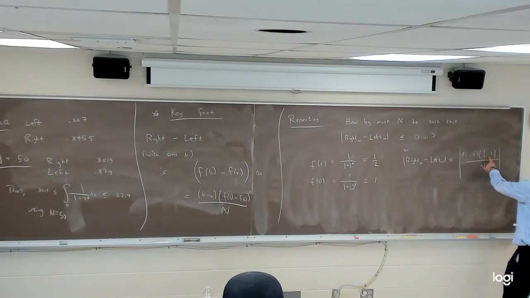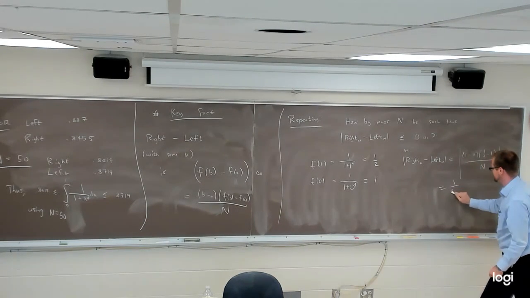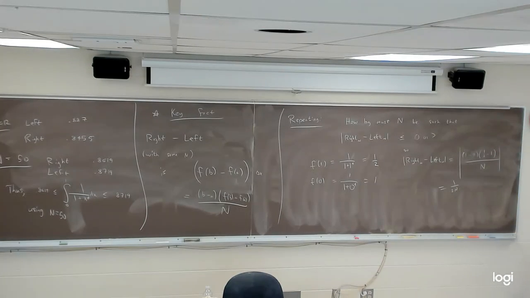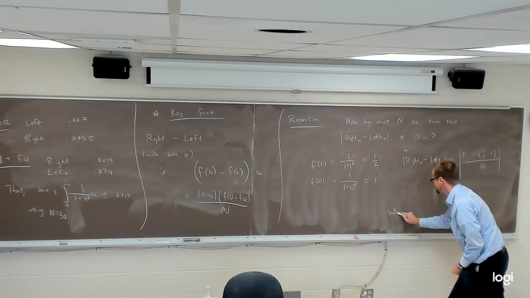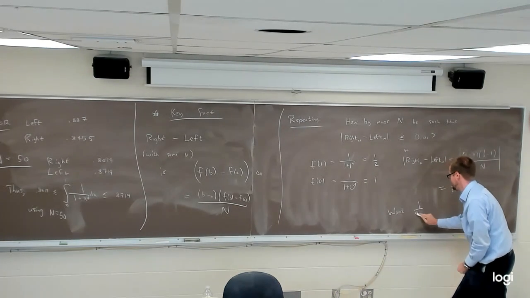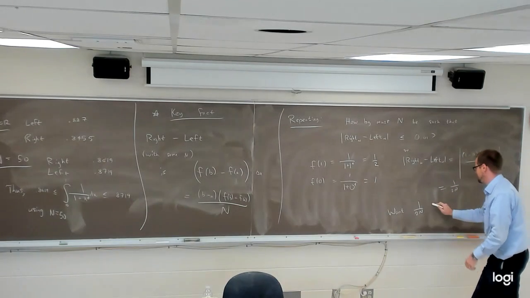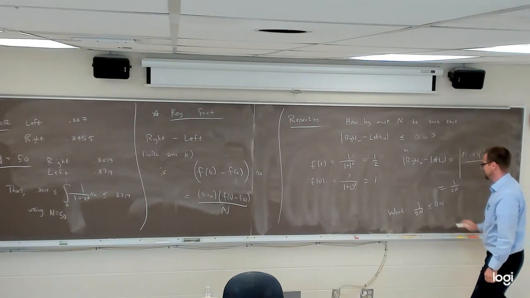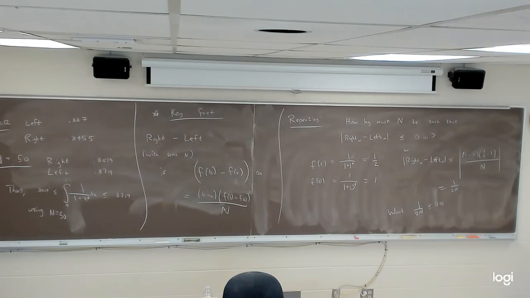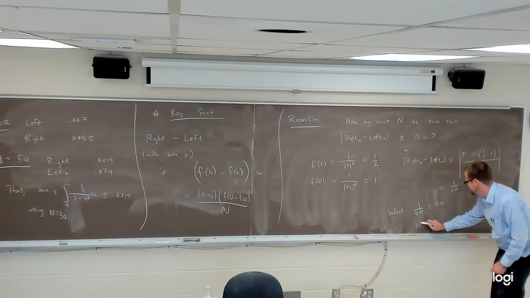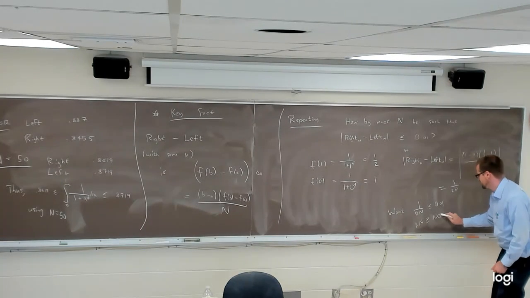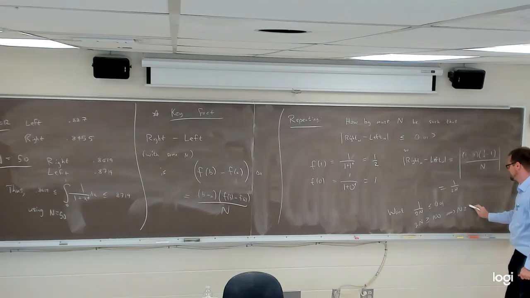One times negative a half, this is just 1 over 2n. So if I want that to be at most 0.01, I'm just solving this inequality for n. Figure out how big n needs to be. All right, well, I can take a reciprocal of both sides. 2n has to be at least 100, and n has to be at least 50.